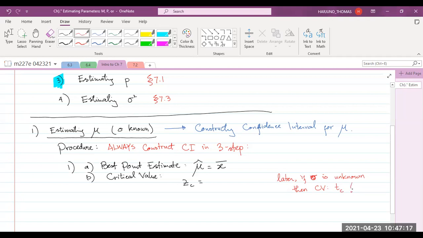Part B, margin of error, denoted by E, is the critical value that we get from part A times the population standard deviation over square root of n.